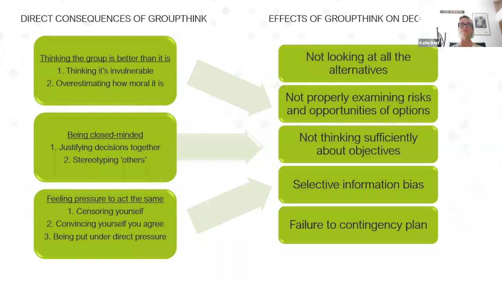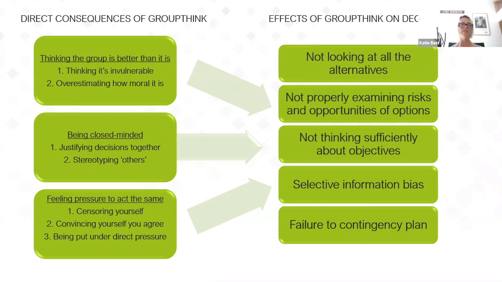If we think that the group is invulnerable and if we overestimate how moral it is, then we become a less good group. We're less strong, we're less capable as a group. Groupthink also leads us to be closed-minded. It makes us justify decisions together and it gets us to stereotype others. All of those things kind of reiterate the fact that groupthink is happening as well.